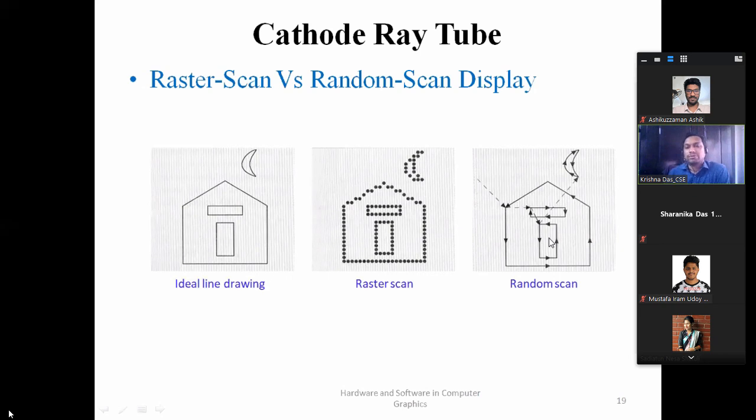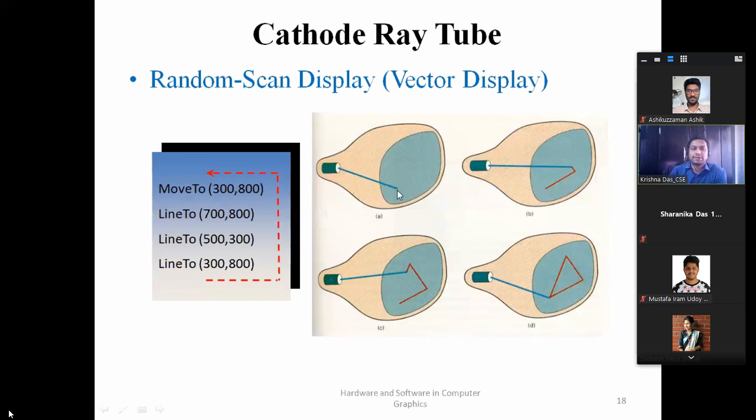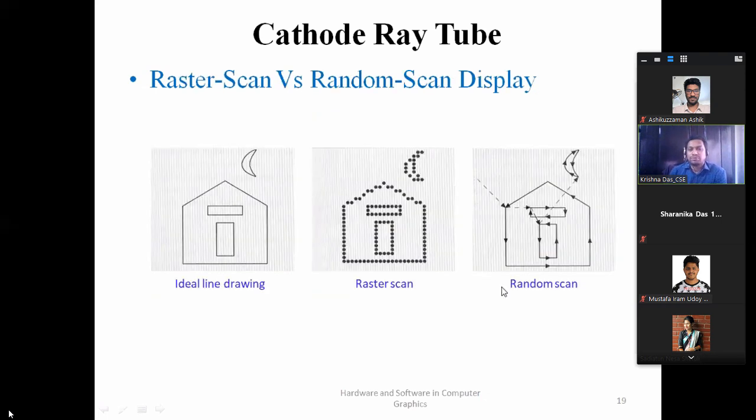How can we draw it? By some pixel? No, we used pixels in the raster scan, but we just said in the random scan or the vector scan, you see how we have drawn that triangle. So for drawing a house, what kind of information or command do we need?